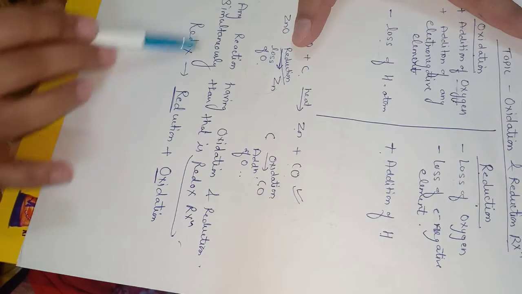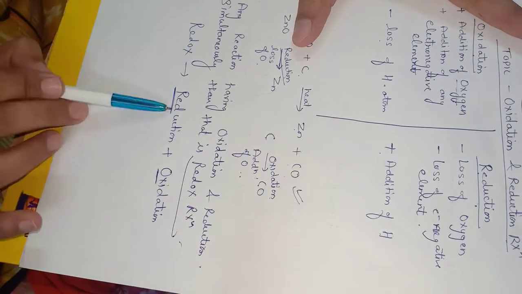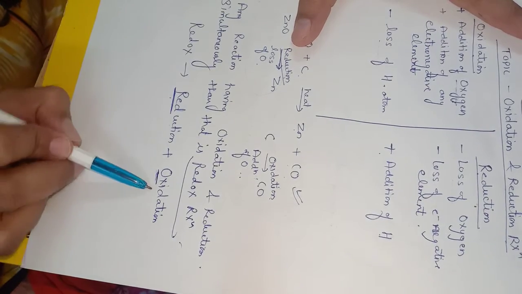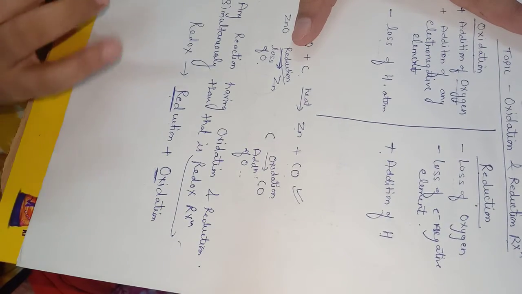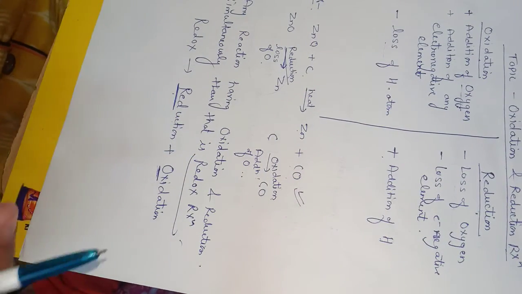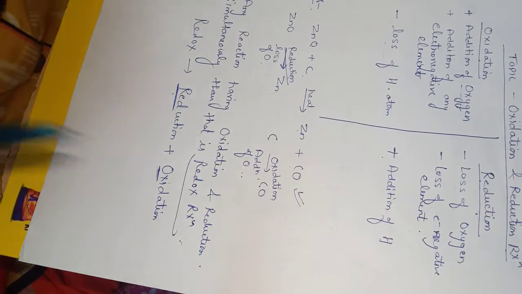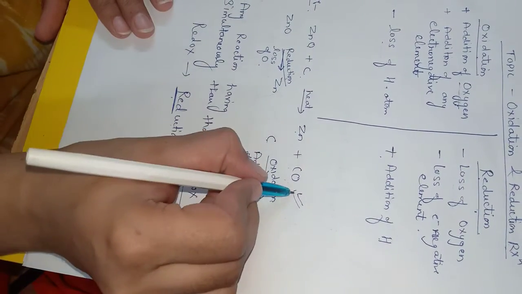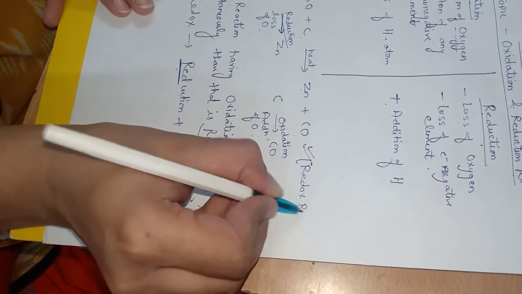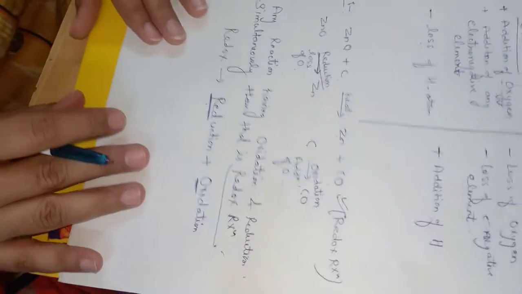So when any chemical reaction in which oxidation and reduction occur simultaneously, then that type of reaction is known as redox reaction. So this is the best example for redox reaction.